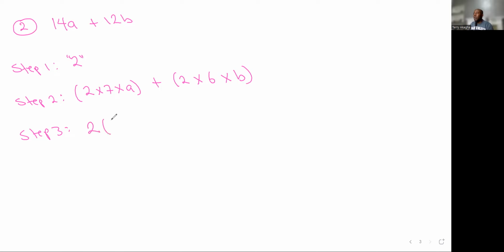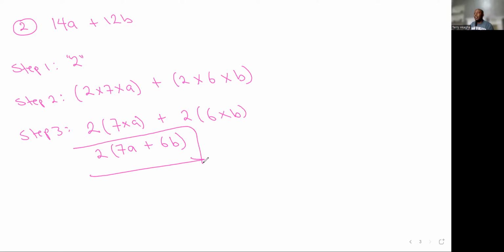You bring out 2, and you're left with 7 times a, then you bring out 2, and you're left with 6 times b. Then that'll be 2, 7 times a will give you 7a, and 6 times b will give you 6b. And that is the answer for that.